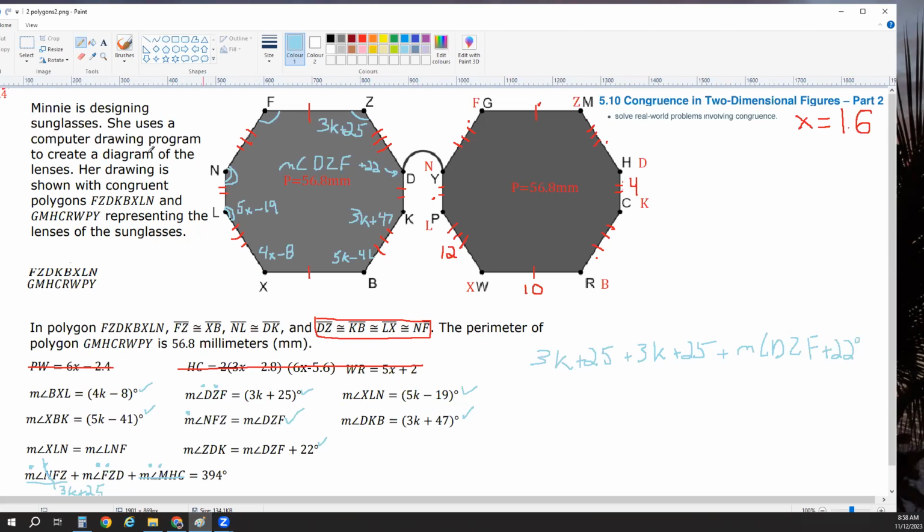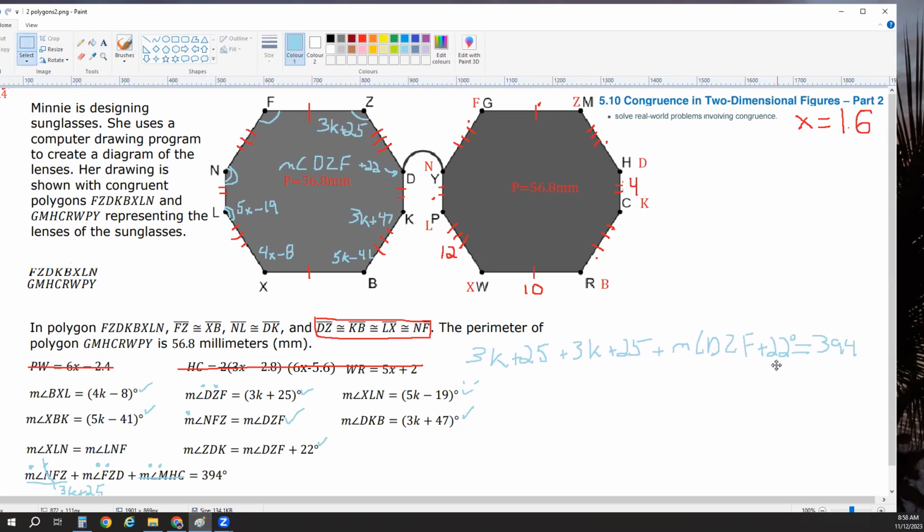That all equals, that whole thing equals 394. So I still have one variable I have to account for before I use this.